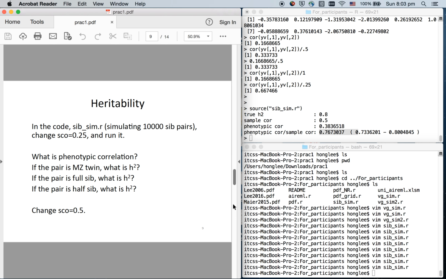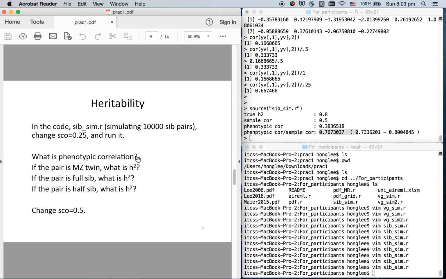This is the same question as before, right? Now the sample correlation changes to 0.25. 0.25 is for the half sib, and we already have done that, right?